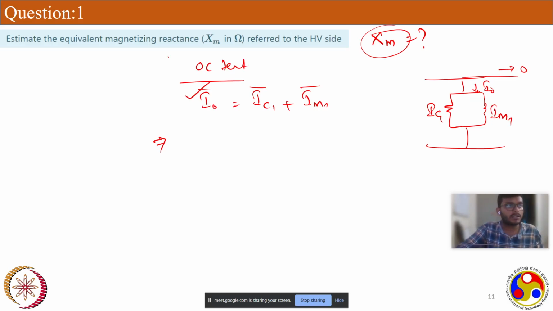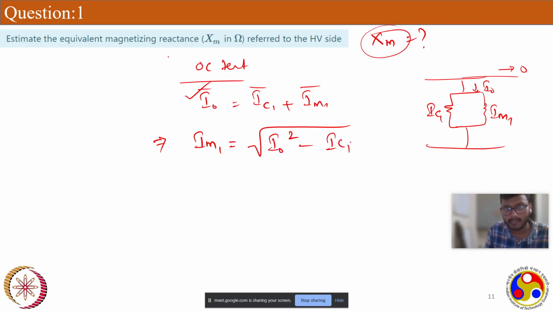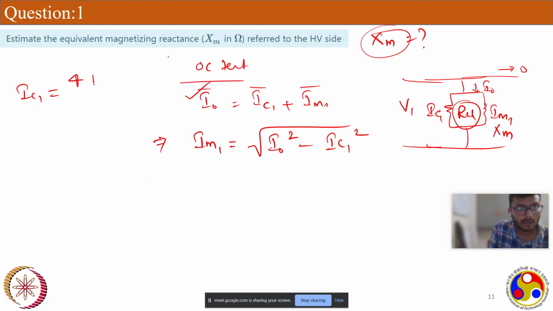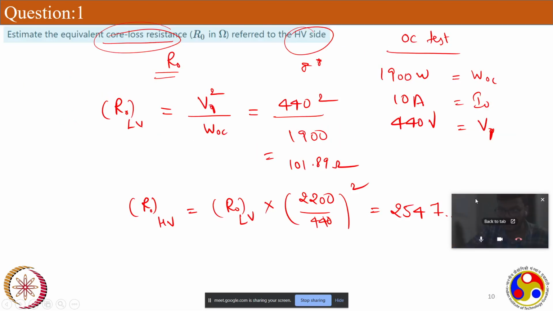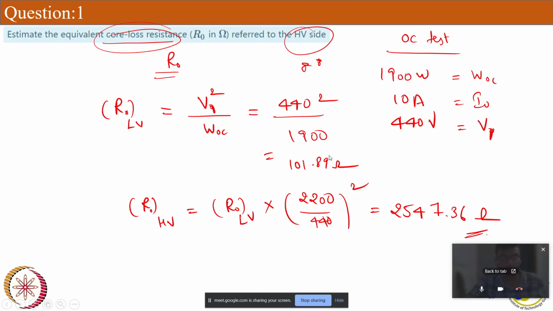First find IM, and we can get it as I0 square minus IC1 square. So if you see, IC1 is nothing but the current flowing through the RC1, right? We know the voltage applied and we know the RC1, that we solved just before. Now IC1 is equal to 440 divided by 2547.36.